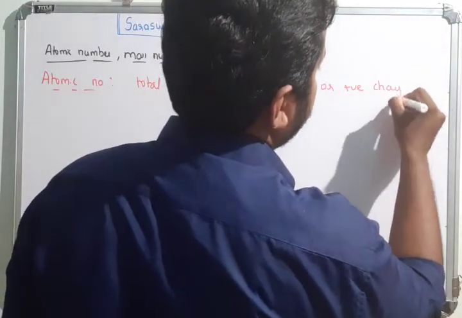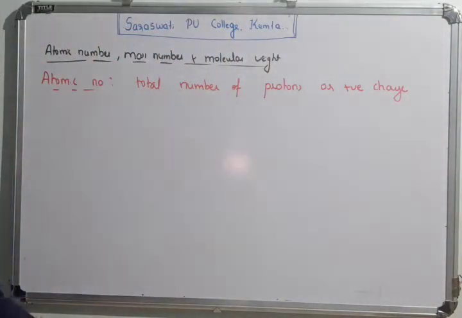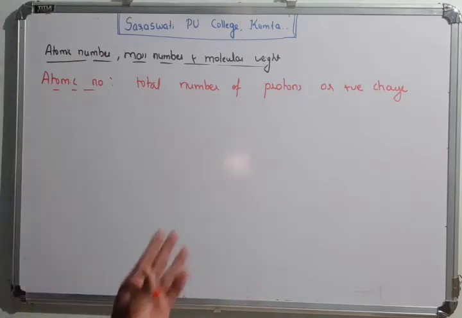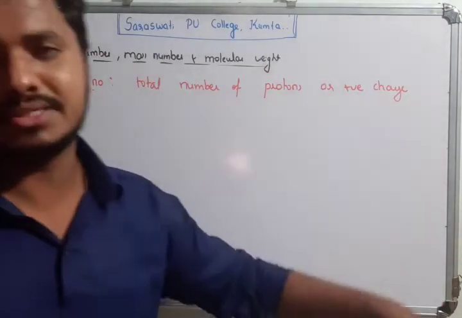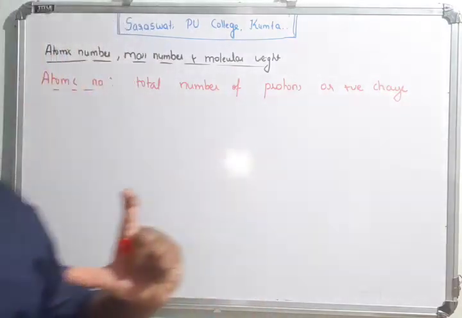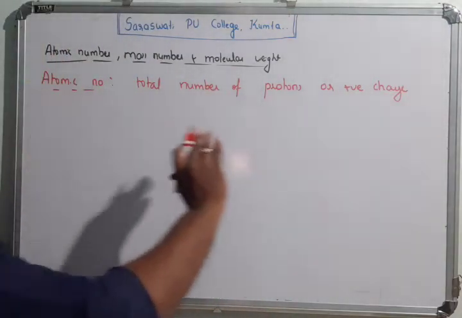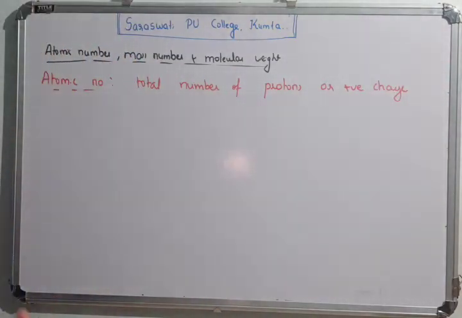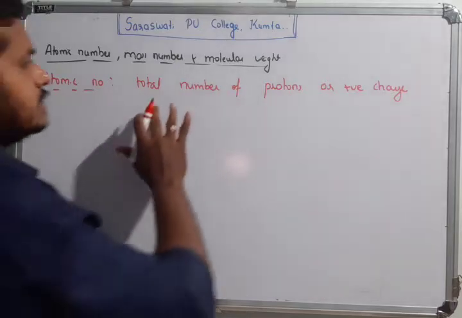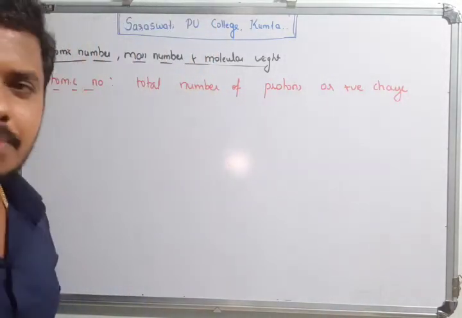Now you may ask, it could even be termed as the number of electrons also, right? But I'm not writing electrons, because sometimes the atom may lose an electron and become an ion. So the number of protons and electrons may not be equal in ions. So the better way is to term it as the total number of protons only, because the proton number will never change.